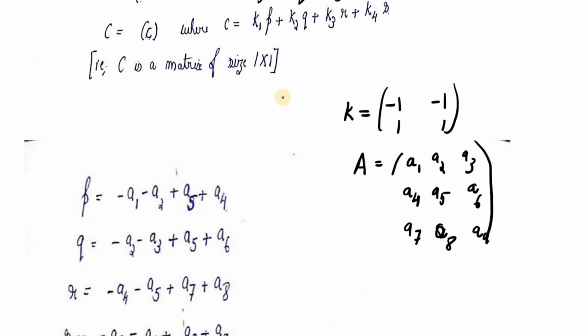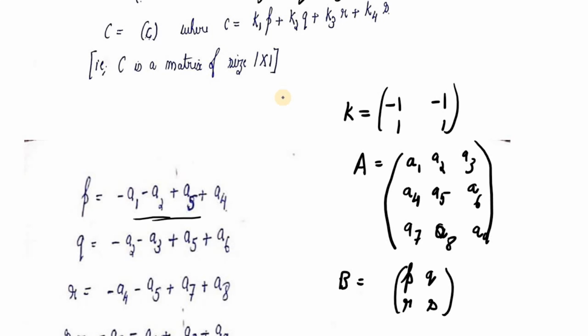So we have this as the A matrix, and we have the output matrix as PQRS. So P was done using A1 into K1 plus A2 into K2, A4 into K3, and A5 into K4. We just put the values of K's and then we get P as this.